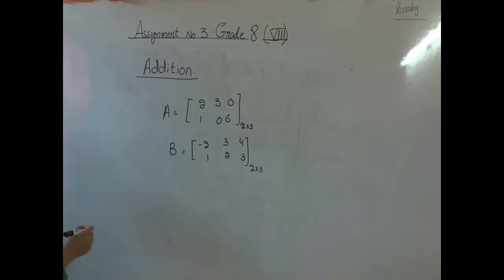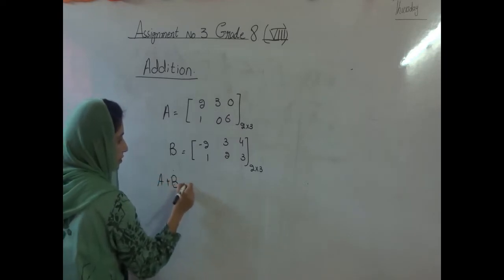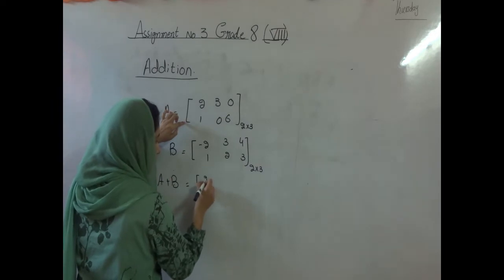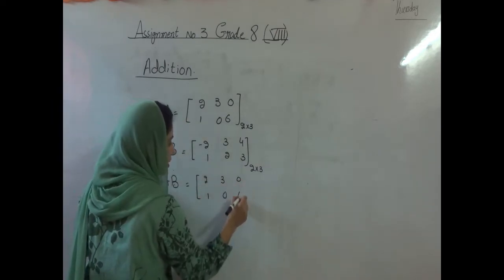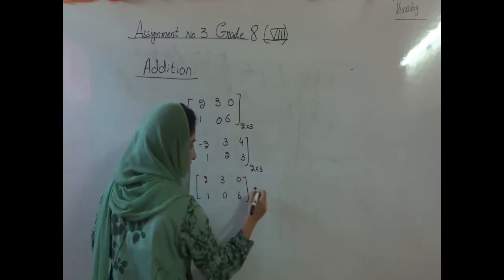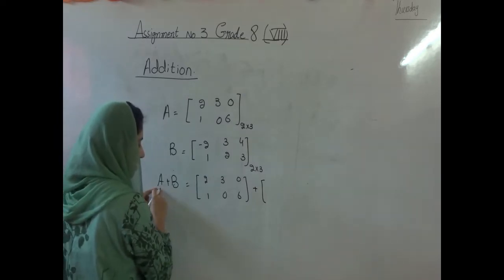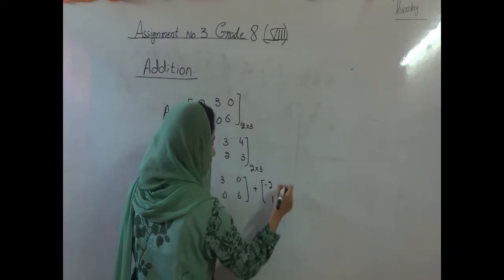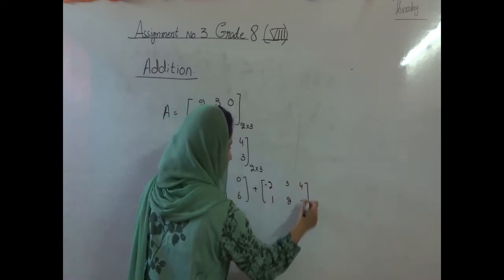So add A plus B. First we will write the matrix A, 2 1 3, 0 0 6, and then write down the plus sign, because they are saying add A plus B, then the matrix B, -2 1 3, 2 4 and 3.